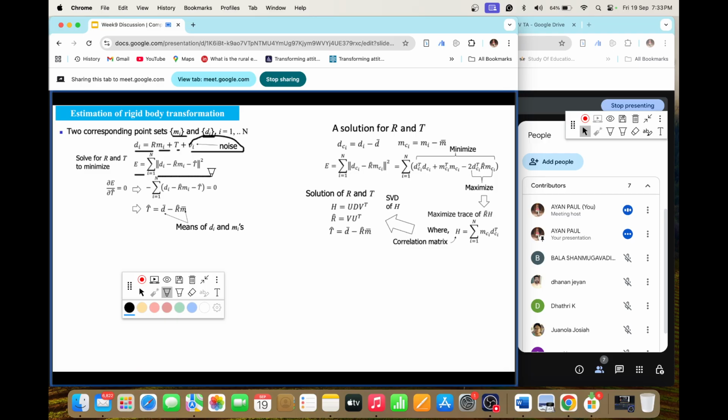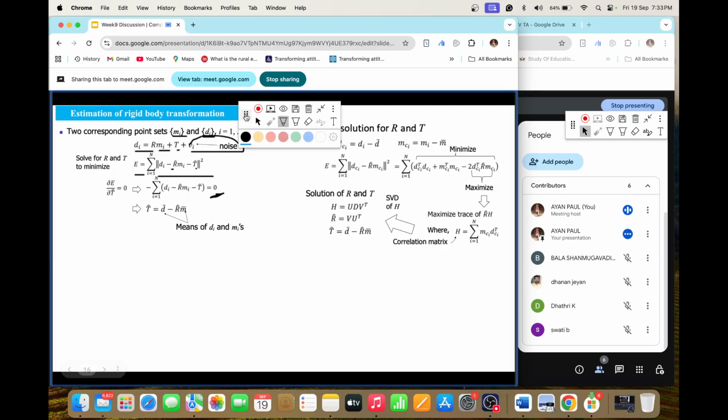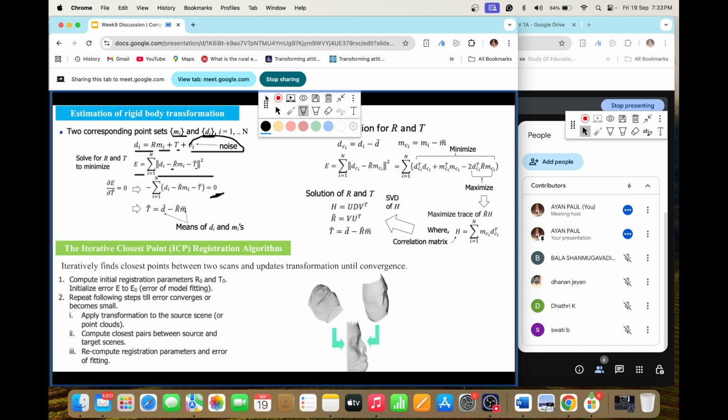This error we have to minimize and get it to 0. By that we can calculate what the rotation and the translation are. So this is the whole theory. These formulas won't come much in your exam, but this is how you do it.